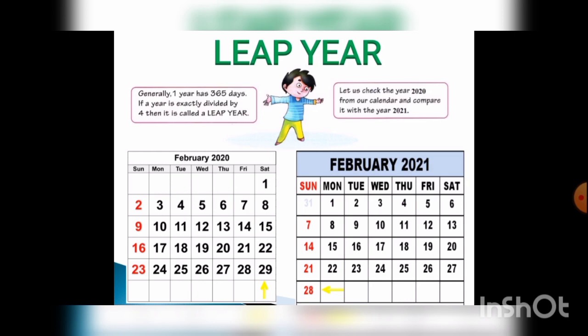So look at the picture carefully. Calendar of Feb month 2020 and calendar of Feb month of 2021. Now look here. There are 29 days in 2020 and there are 28 days in 2021.